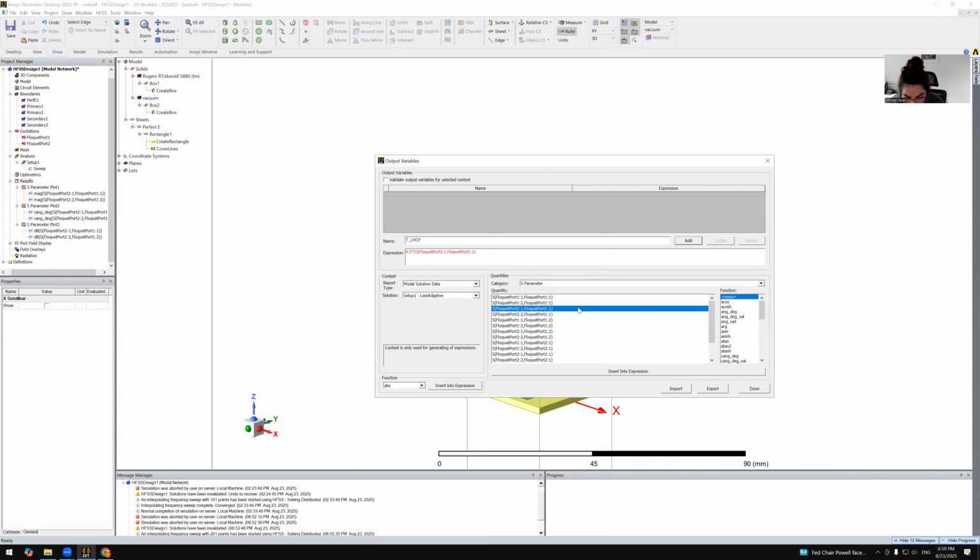Insert into expression plus 1j multiplied by the Tm, which is the transmission coefficient Te plus j Tm. And then if you had the 90-degree difference, they would either add up for LHCP or they would cancel each other for RHCP, for example.